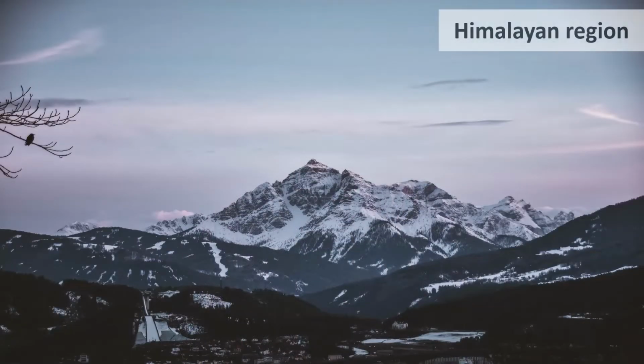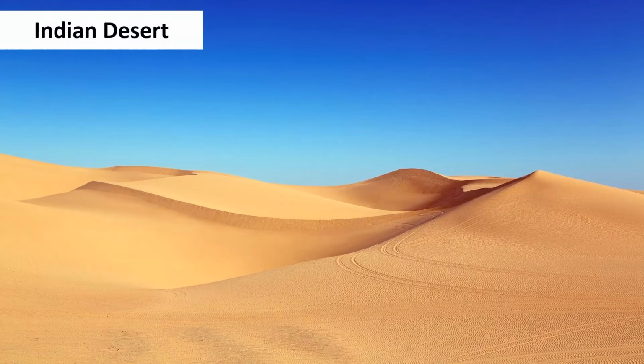The Himalayan region, the second biogeographical region, has a rich species diversity, having the highest mountain ranges. The third biogeographical region is the Indian desert, consisting of extensive grassland, and the Great Indian Bustard is found in this region.